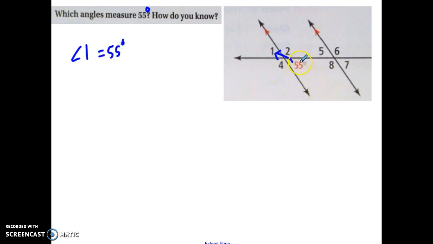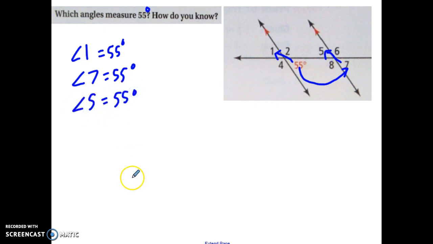By corresponding angles, angle 7 is 55 degrees. Vertical to it is angle 5. Is that all? 1, 2, 3, 4. Yes, that's it. Angle 5 is also alternate interior from 55, so that makes it 55 as well.